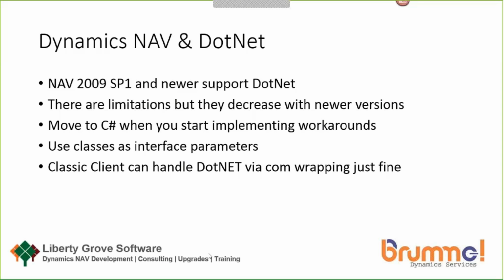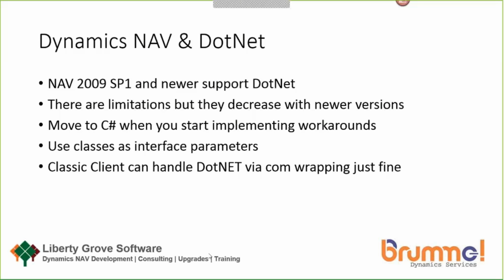Use classes as interface parameters. I'm a big fan of classes. If you go to my workshops, we will teach you that a table in NAV can be considered a class. One of the design patterns we teach is called the argument table pattern, where we use temporary tables as classes, which is a very, very handy way of coding in NAV.